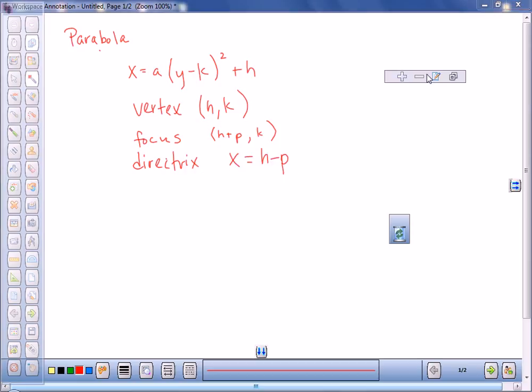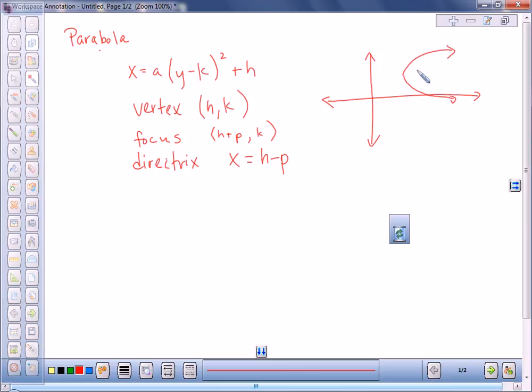So what that would look like is a parabola that opens sideways. It's going to open something like this. Our focus would be inside the parabola and our directrix would be here.